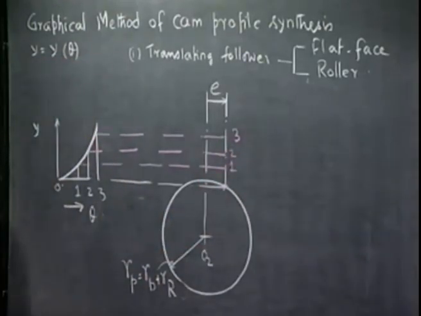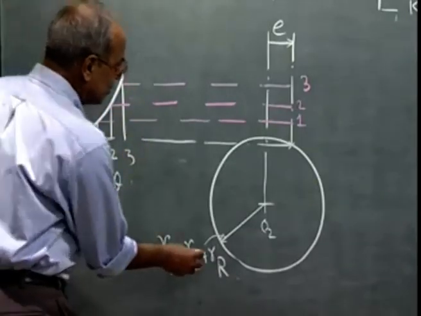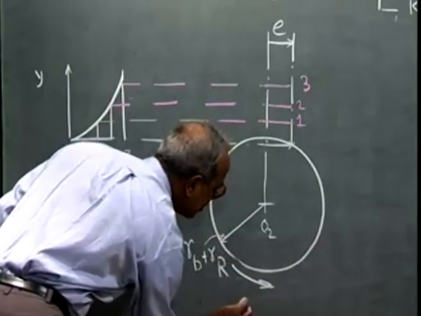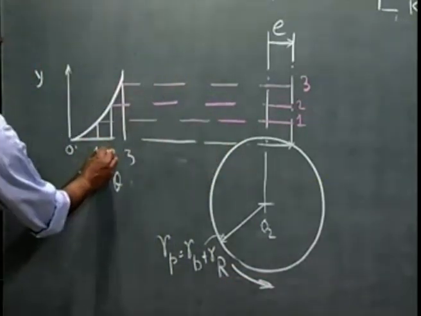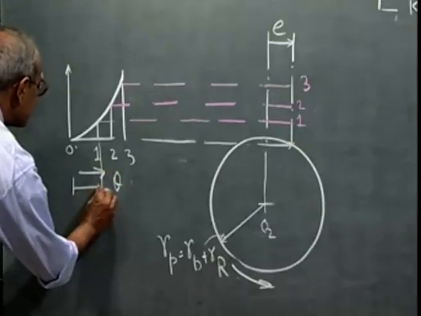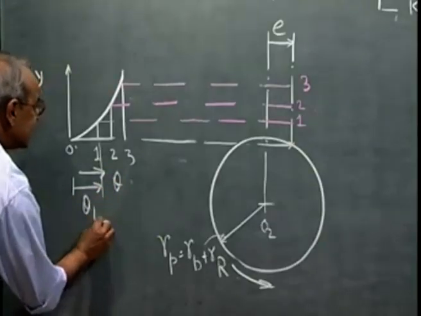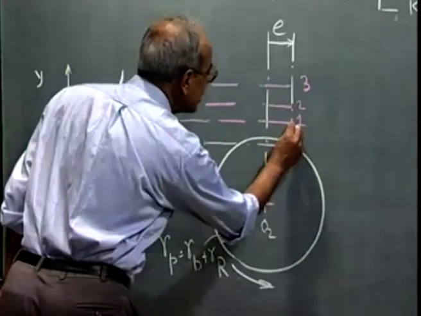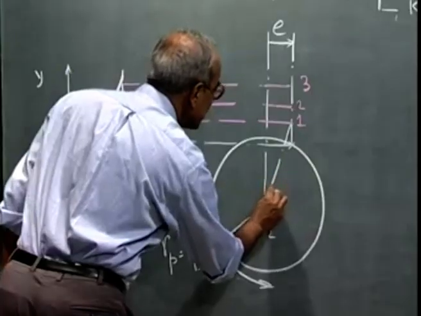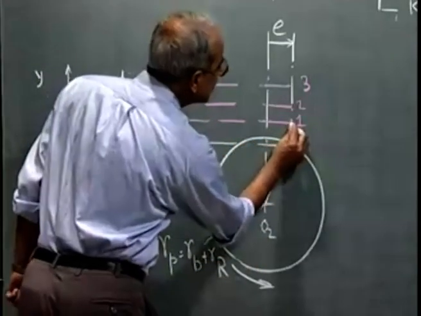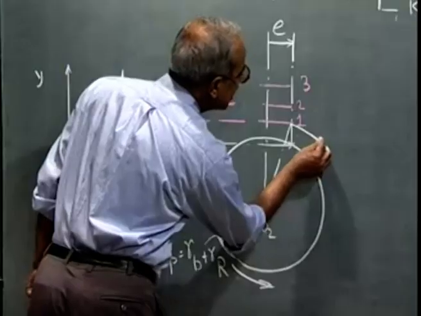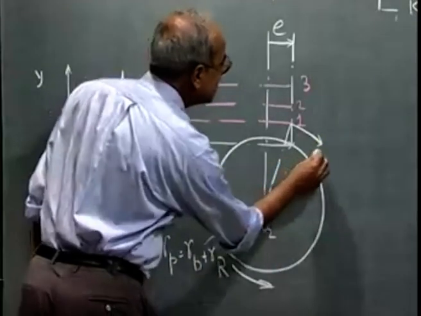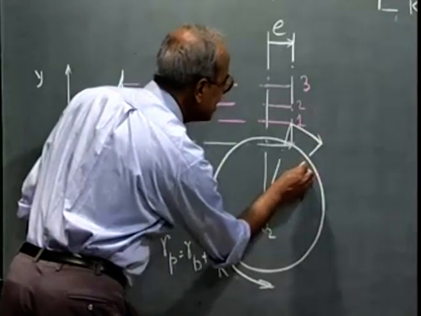To get the inverted positions of these station points, we know that with this offset the cam is rotating in the counterclockwise direction. Corresponding to station point 1, the cam rotation is known, which is theta 1. So I get the inverted position of this trace point corresponding to 1 by rotating O2A1 through an angle theta 1, but in the clockwise direction.